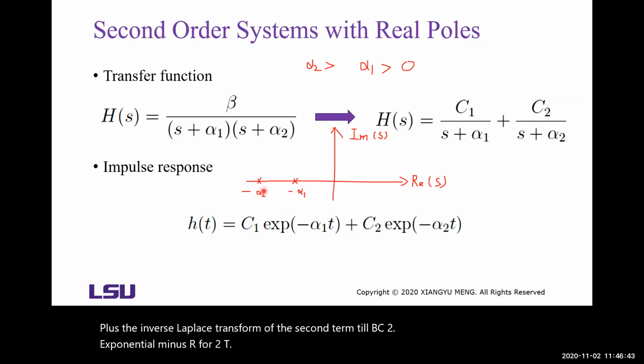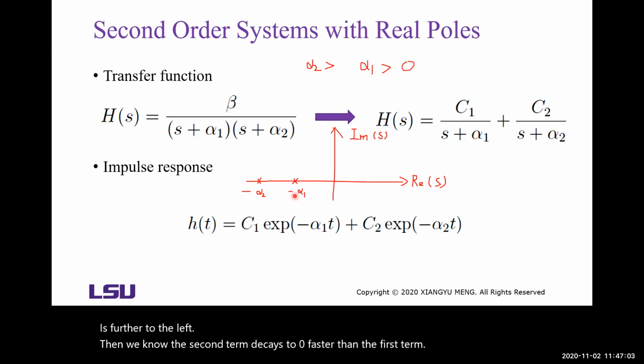Since minus alpha 2 is further to the left, we know the second term decays to 0 faster than the first term.